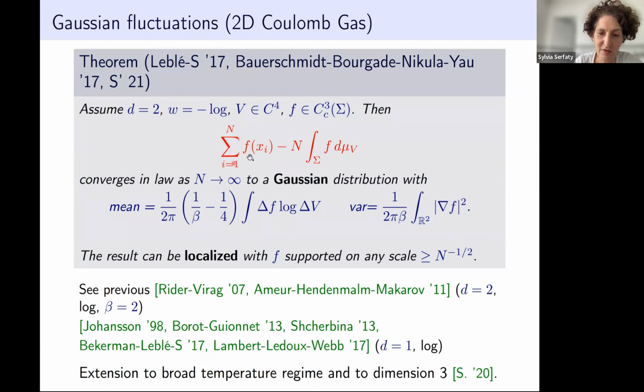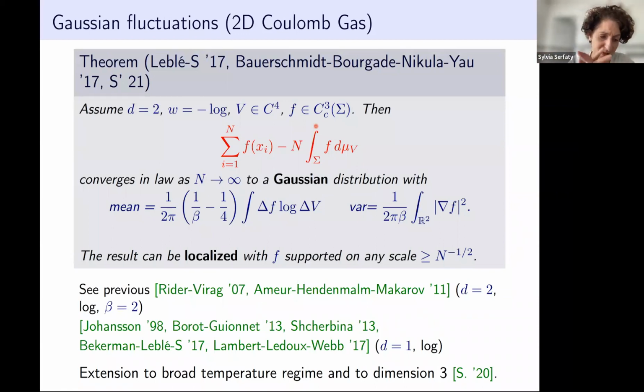So it's the sum of f of x_i. So you just sum f over some points, and you compare with the expected behavior, the average behavior, which is the integral of f against the equilibrium measure. So you know that this should be very close to that. You take the difference. That's the fluctuation around the equilibrium measure tested against the test function.